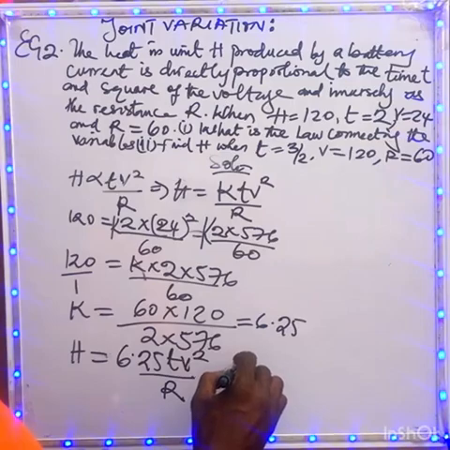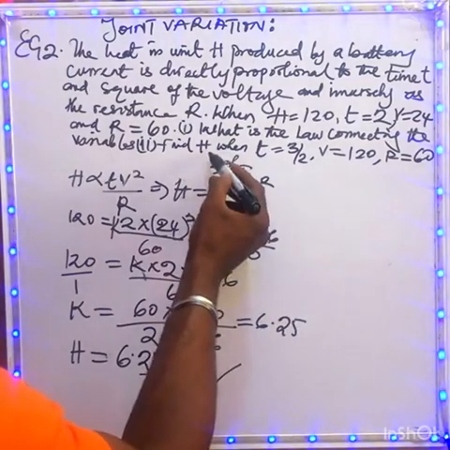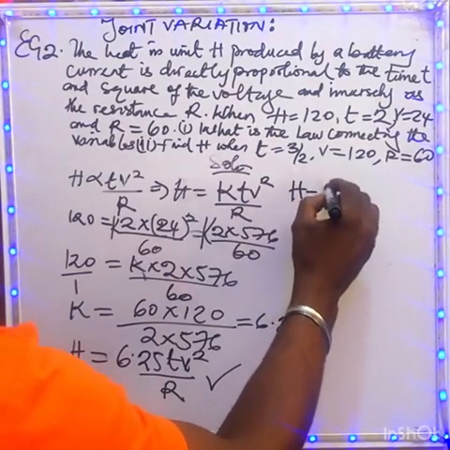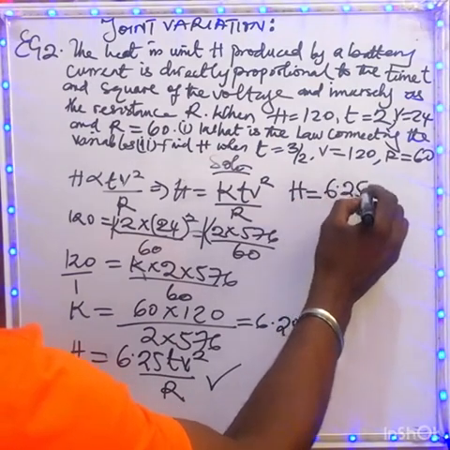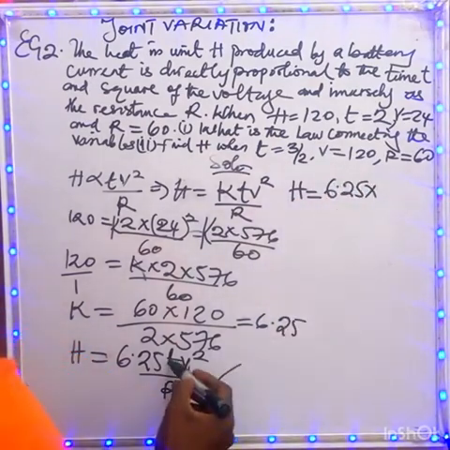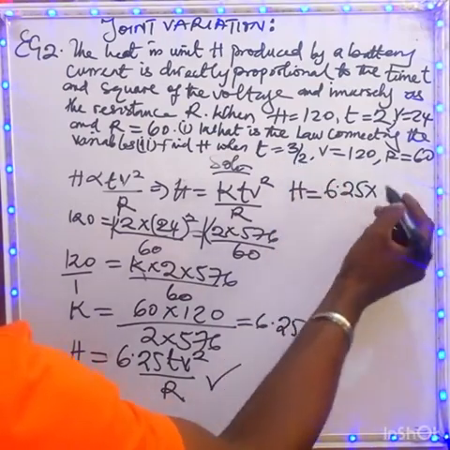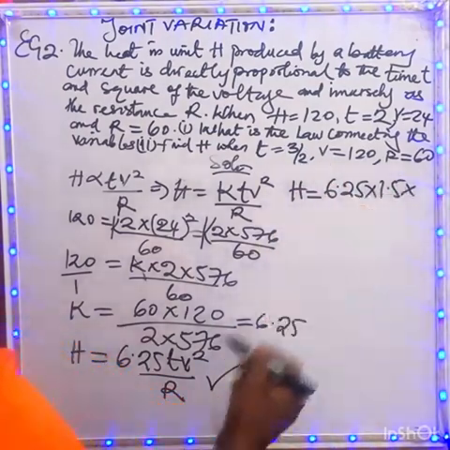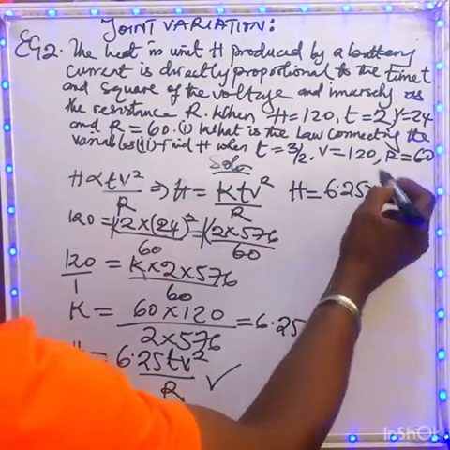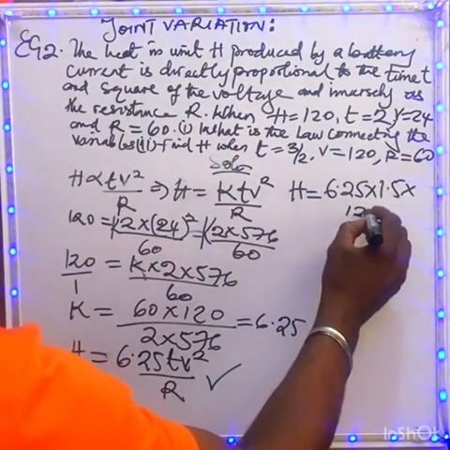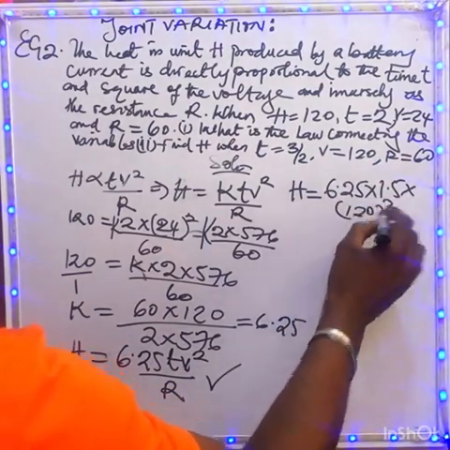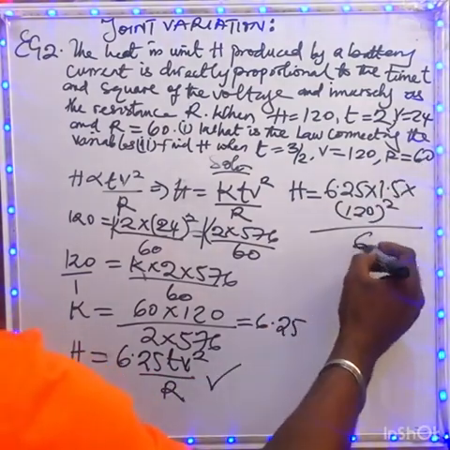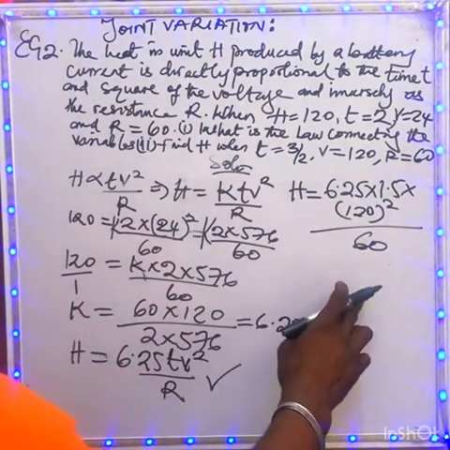Now let us find the value of H when T is 3 over 2. So H is equal to 6.25 multiplied by T, which is 3 over 2, written as 1.5, multiplied by V squared, which is 120 all squared, all divided by R, given as 60.